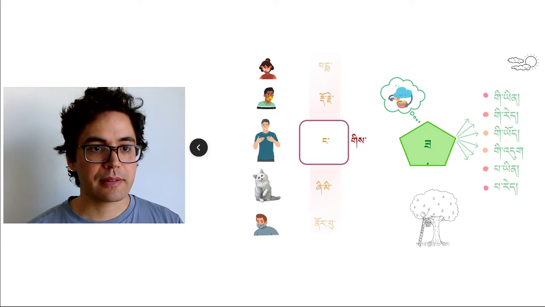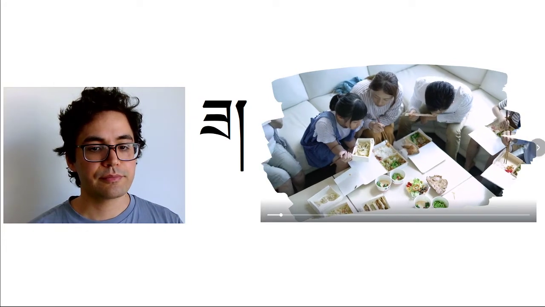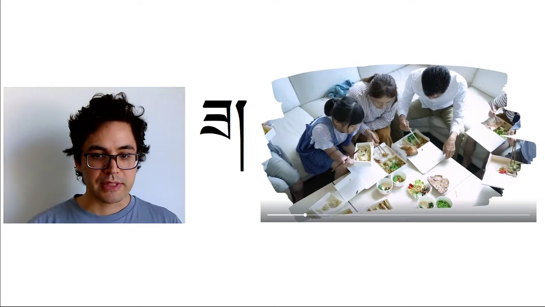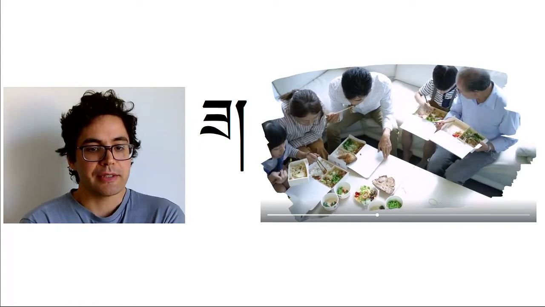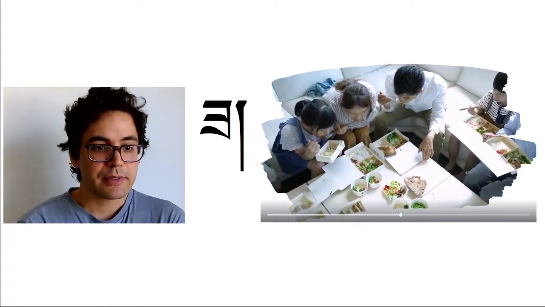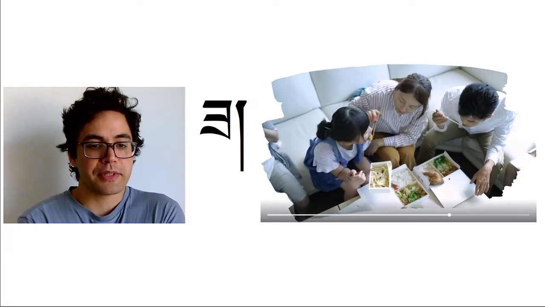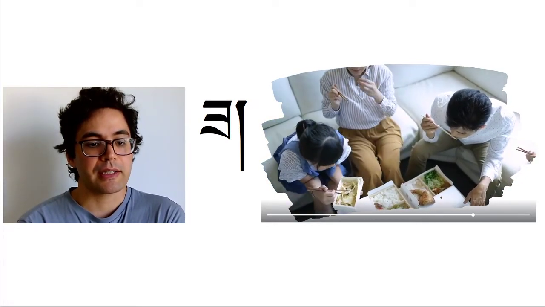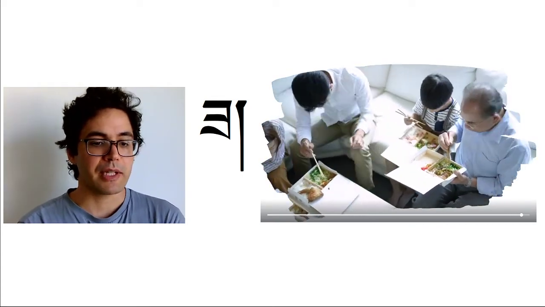Okay, and then now a third way of using the verb sa. So this time it is more like people who gather in order to eat. And so if I were to describe this in English, I would say, well, they're having a meal. They're eating together, having a meal.